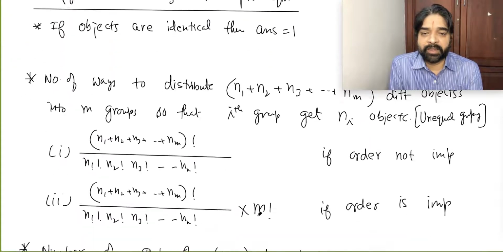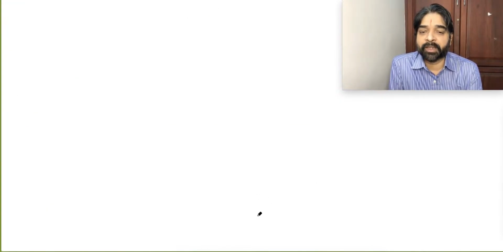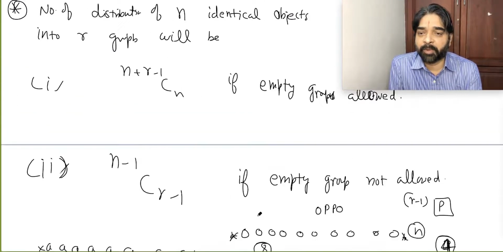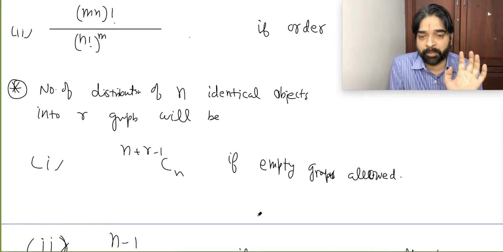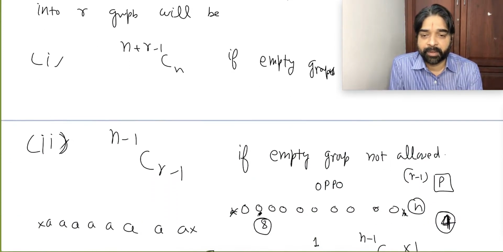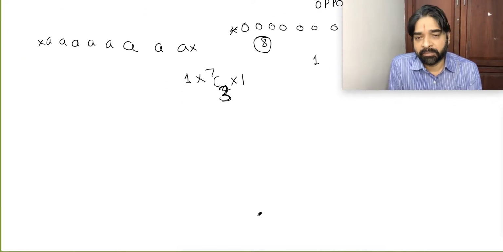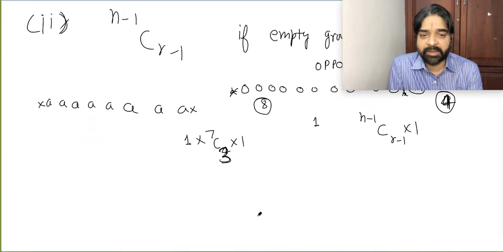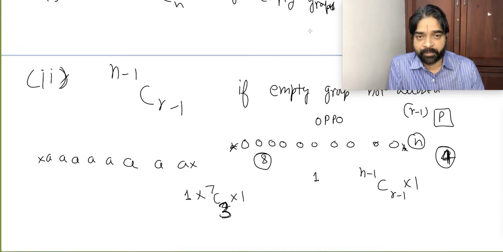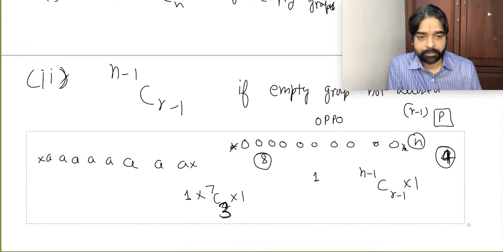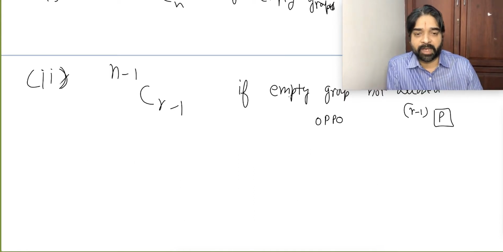Okay, so first let's do a few questions on this. After that we'll proceed, because the next point is the number of distributions of n identical objects into R groups, which we discussed. Identical we did. Let's discuss different also. After that only the problems will start.